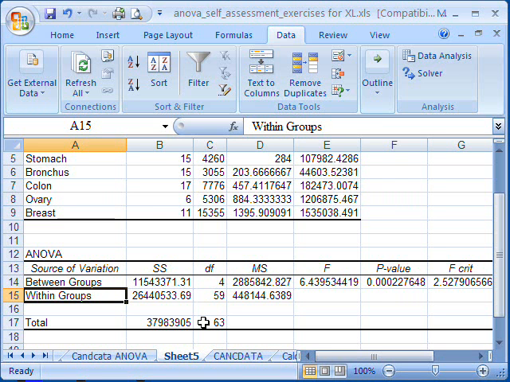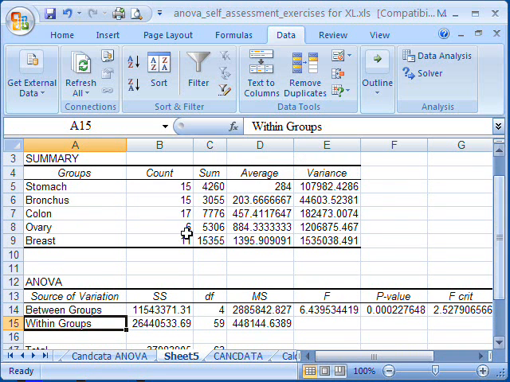So only 63 of the items in the data are actually free to vary. So total degrees of freedom is always the total number of individuals in your whole experiment minus 1.